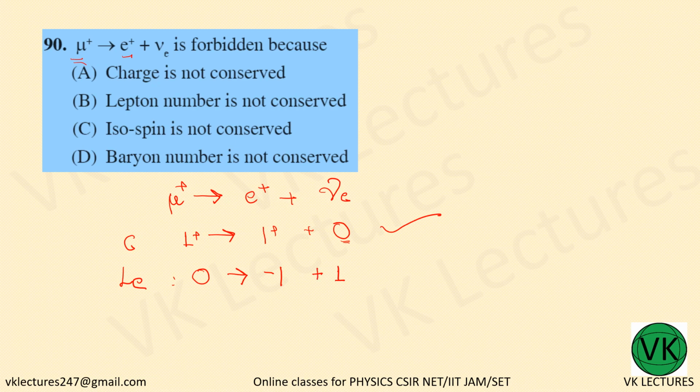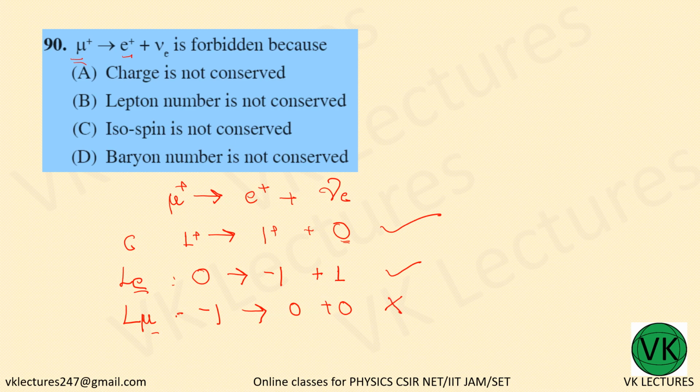So this is conserved. Lepton number is conserved for electron. Now for muon. Muon plus, on the right side you don't have any muon. So 0. This is not conserved. Lepton number for muon is not conserved.